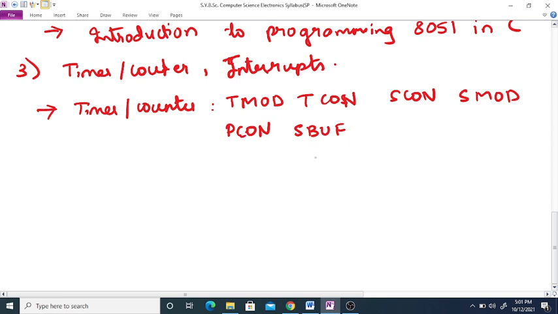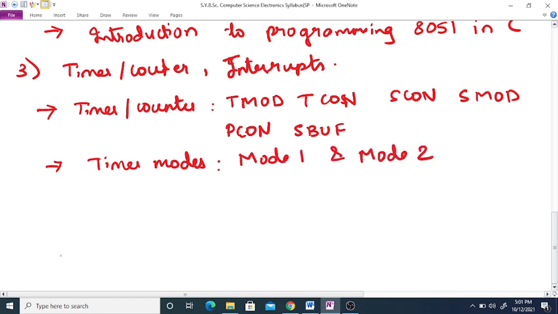We are going to study these different types of registers associated with timer or counter. Then next, timer modes. We are going to study mode 1 and mode 2 in detail in our syllabus.